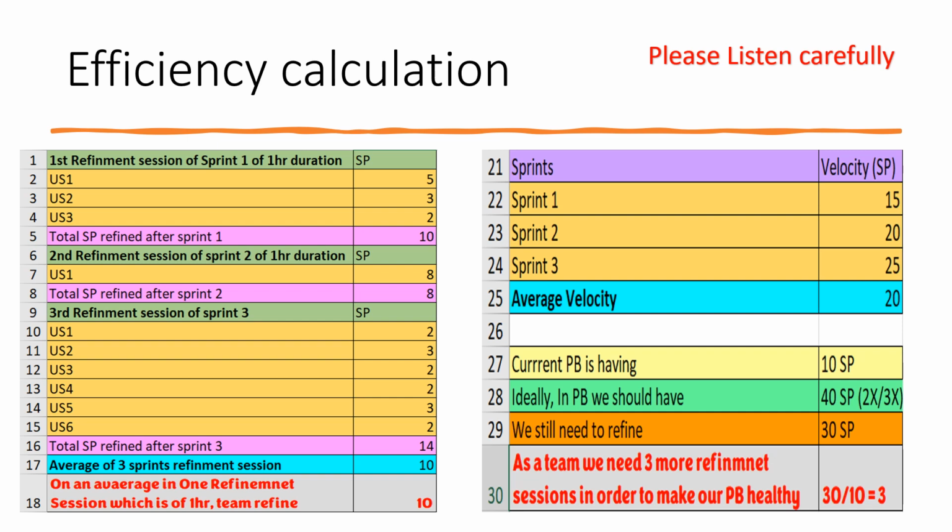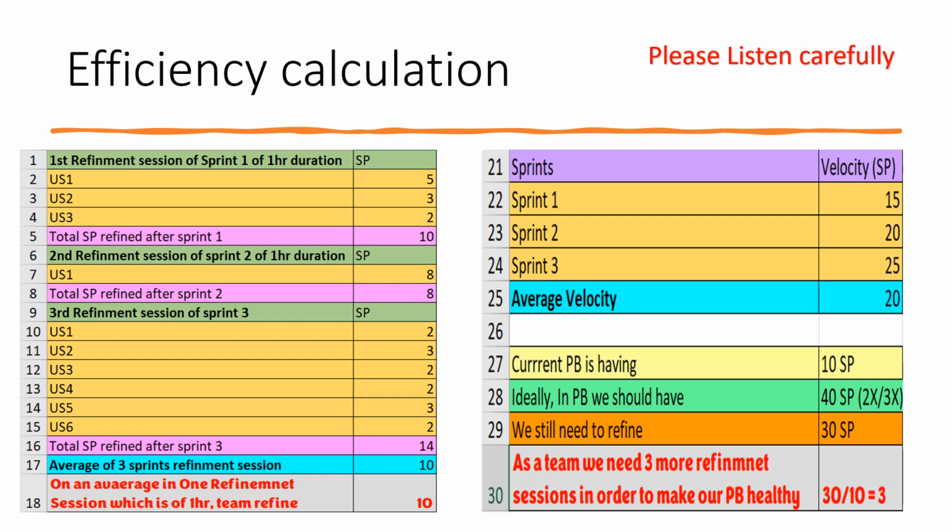So this is my team members' velocity. On average my team members can achieve some 20 story points. If someone asks how many story points your team can achieve at the end of the sprint, approximately it is 20. It may extend by 5 story points, it may reduce by 5 story points, it's approximately 20. So on average 20 story points my team can deliver at the end of the sprint.